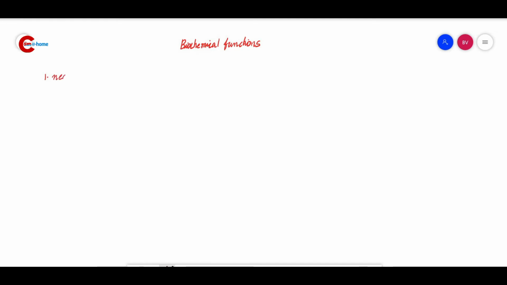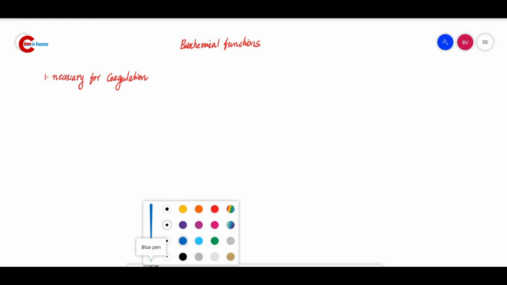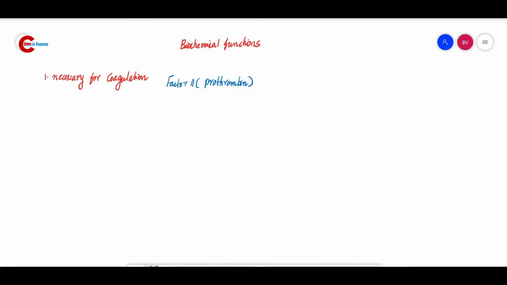Biochemical functions. Next, we can study what are the major biochemical functions of vitamin K. This vitamin K is necessary for coagulation. The blood clotting factors depend on vitamin K. Which are the factors dependent on vitamin K? Factor 2, that is prothrombin. Factor 7, that is SPCA.